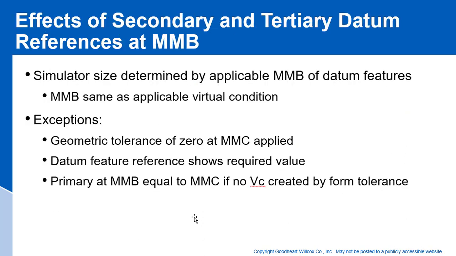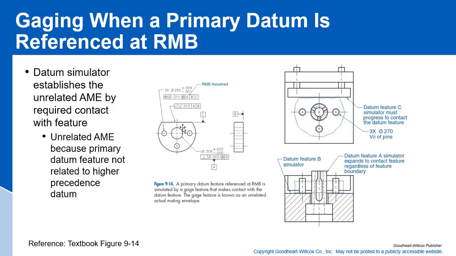We're going to assume that A applies regardless of material boundary, in which case we need to have an expander plug in our functional gauge that will expand to contact this feature regardless of the feature's size, or regardless of the feature's boundary.